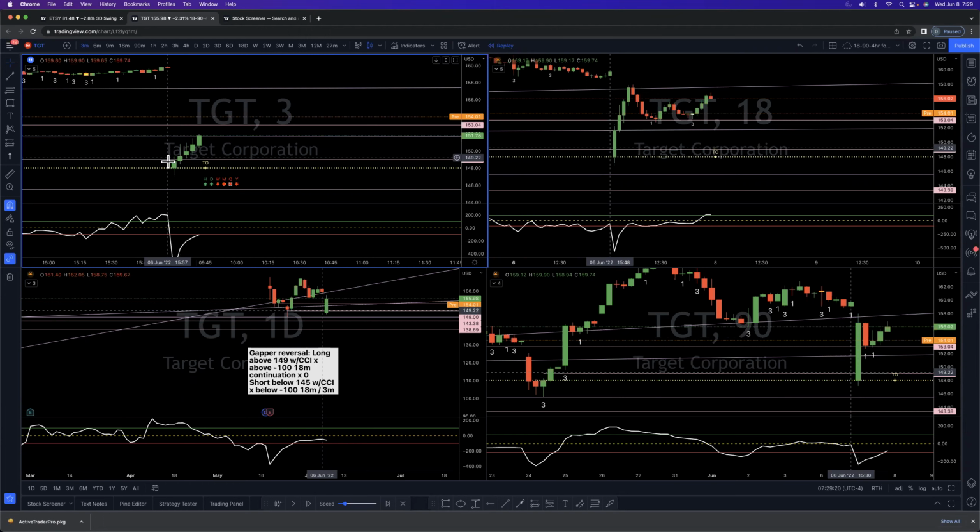You can take this trade, 2 down, 2 up above our broadening formation, because that's where we wanted to go long. We set at 149. It traded back above this, held it, okay?